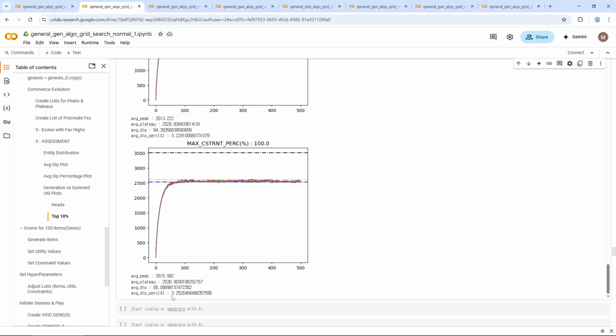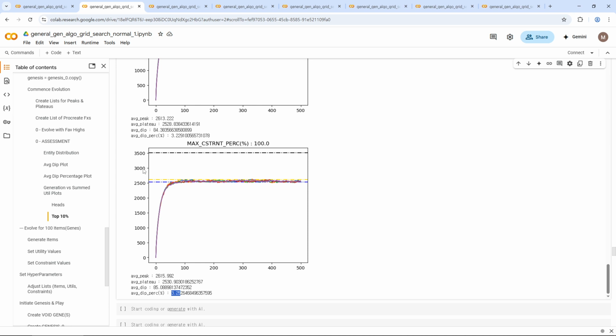However, the dip percentage is 3.25, so a small dip exists here. However, we're nowhere close to the maximum ever.